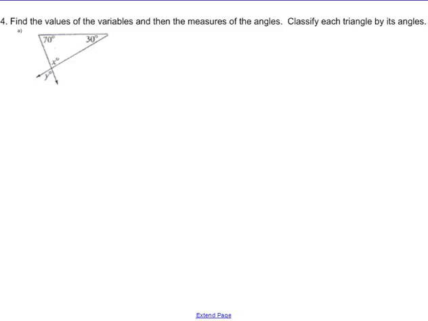All right, so we're going to move on. Number 4, find the values of the variables and then the measures of the angles. Okay, so now we're using the triangle postulate that says that all the angles inside of a triangle equal 180. So I'm looking at 70 here, 30 here, and x. Well, 70 plus 30 plus x is going to equal 180. We just know that now.